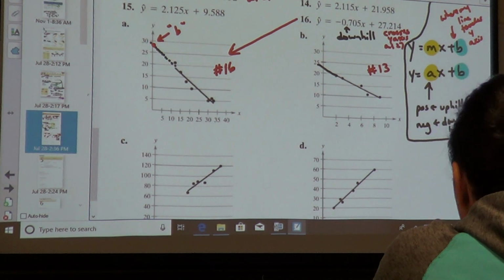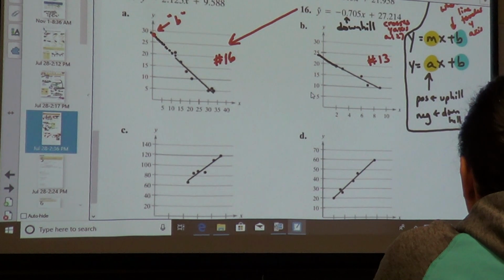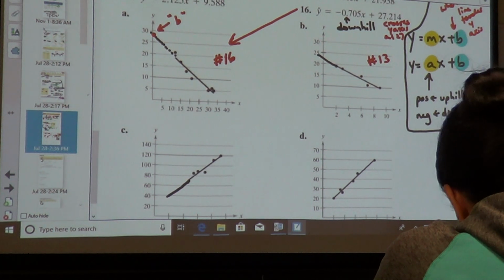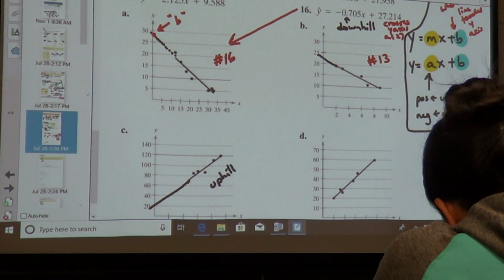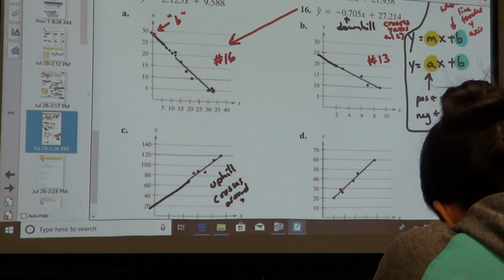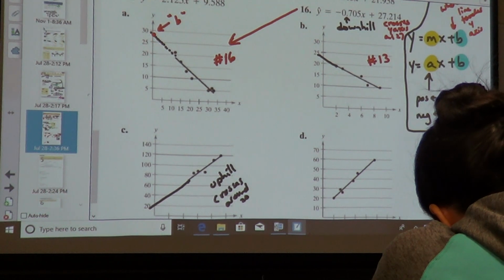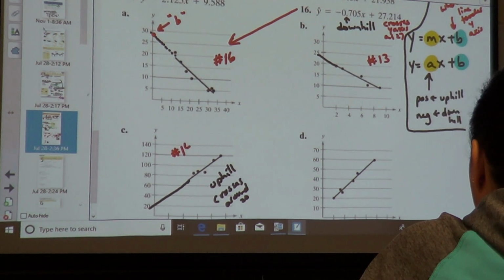All right, let's look at this one. If I draw this, this one is uphill and crosses around 20. So what number is this one going to be? 14. This one's going to be number 14.